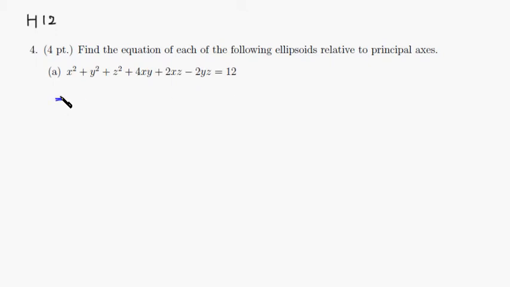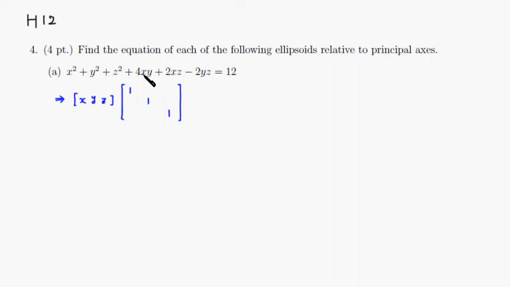So this is going to be written as x, y, and z. Then the matrix is going to be, the coefficient of x squared goes here, the coefficient of y squared goes here, and the coefficient of z squared goes here.